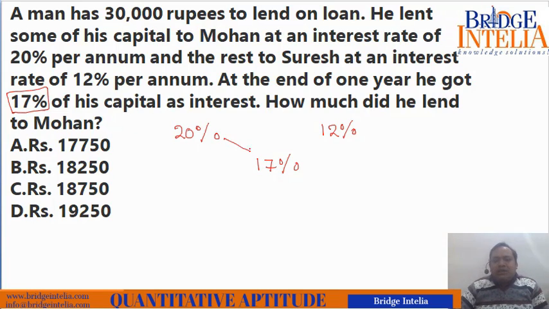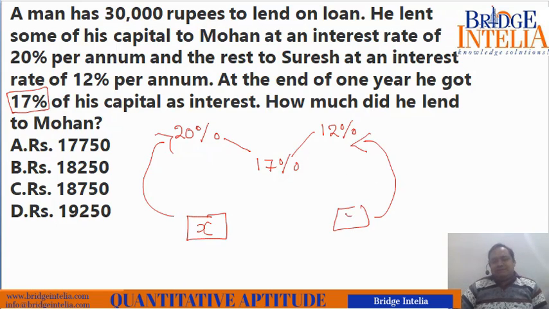So in what ratio? That means some money was lent to this person, some to the other person. Now we have to find in what ratio this money was given. So that's why we have applied the crisscross method.